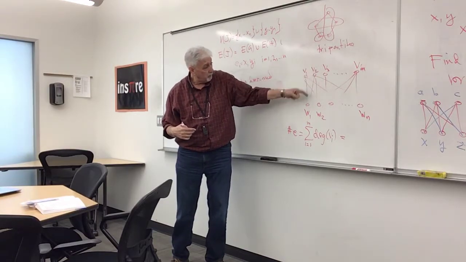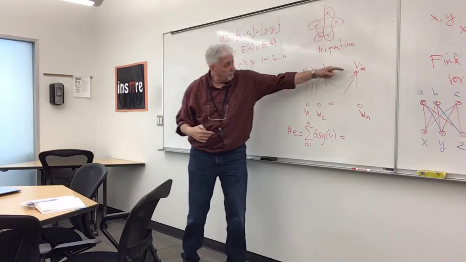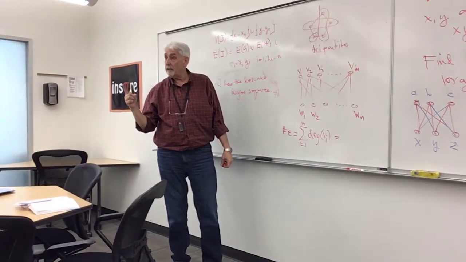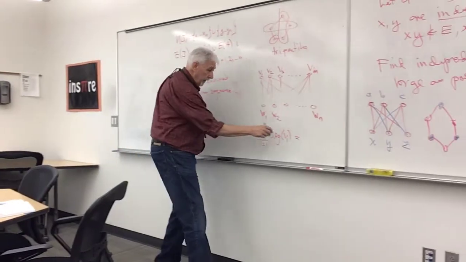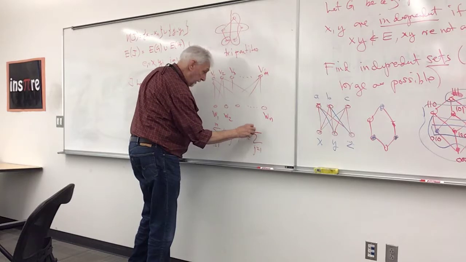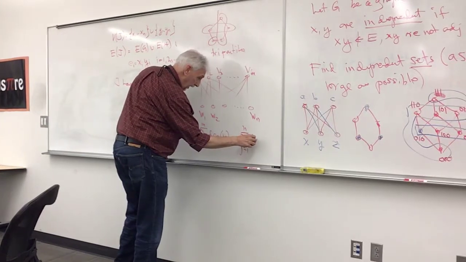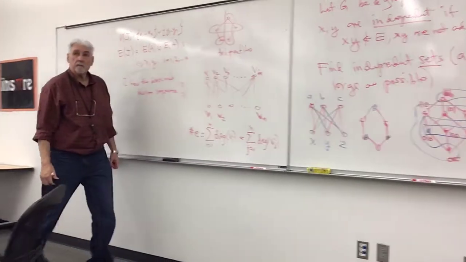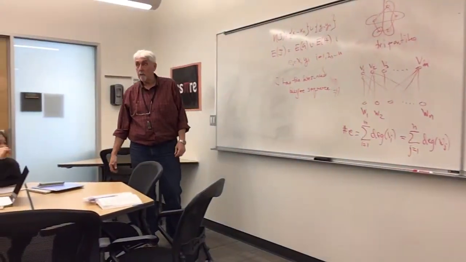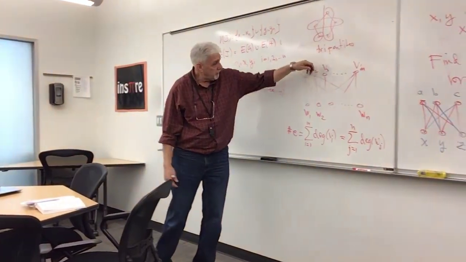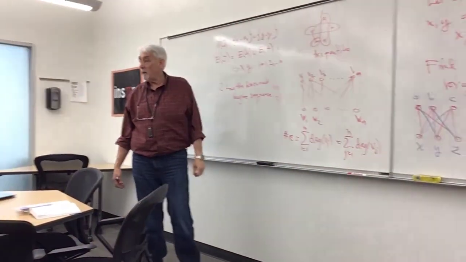The degree of V2 counts just these edges. The degree of Vm counts these edges. And each edge is counted exactly once. And this is equal to the sum from j equals 1 to n of the degree of Wj. So now we don't have to worry about double counting. I just need to count the degrees of one of the parts.